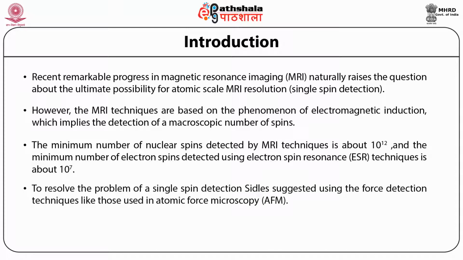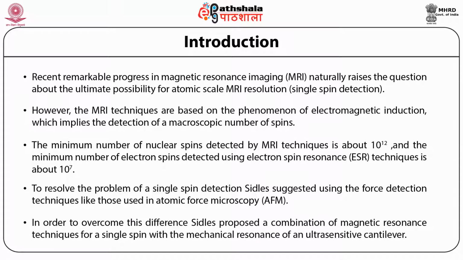To resolve the problem of single spin detection, Sidles suggested using force detection techniques like those used in atomic force microscopy (AFM). However, the magnetic force is much smaller than the electric force detected in AFM.